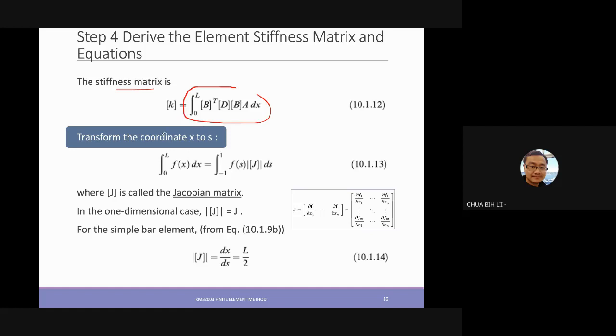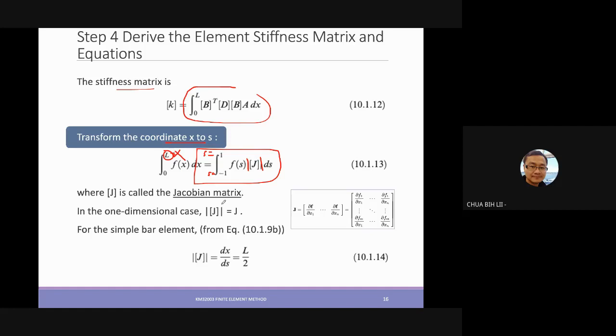From there we also need to transform the coordinate from x to s. In terms of x, x goes from 0 to L, so we transform it to s from minus 1 to 1. This is how we relate them. Internally, there is the determinant of the Jacobian matrix.